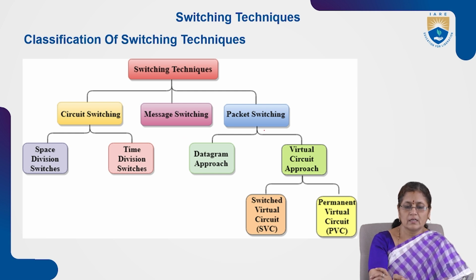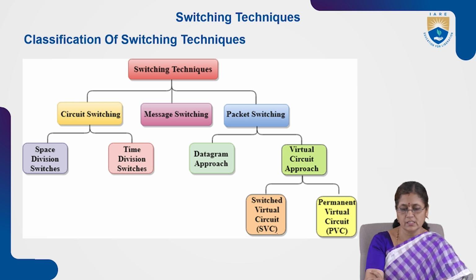For packet switching, we have several types of classification. That is the datagram approach, and another is the virtual circuit approach. In the virtual circuit approach, we have two classifications: one is the switched virtual circuit (SVC), and the other is the permanent virtual circuit (PVC). Let us discuss all these things elaborately now.